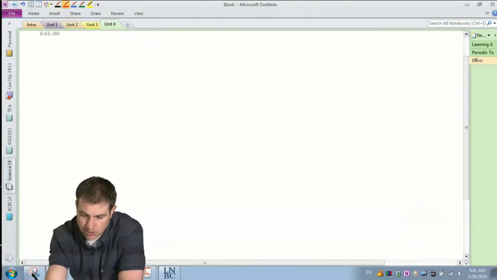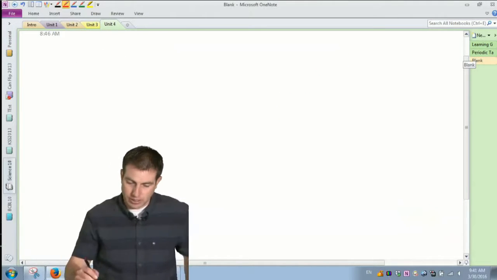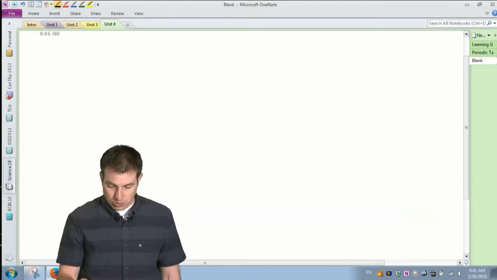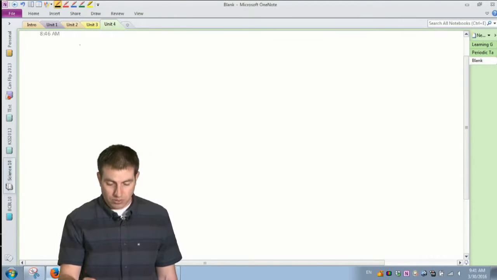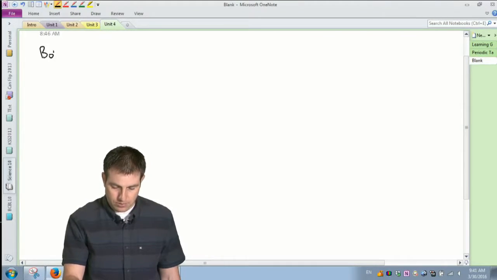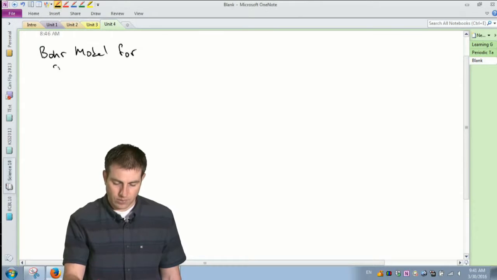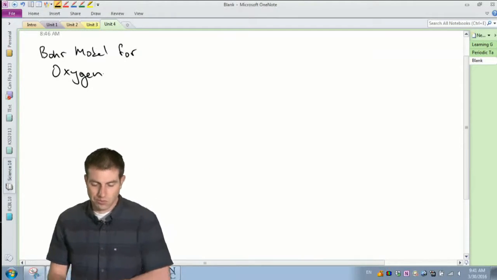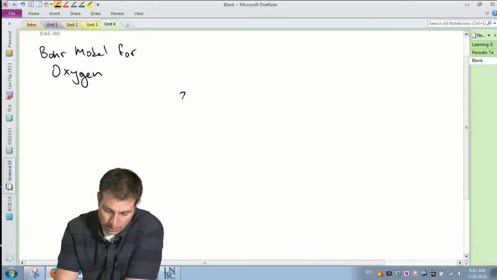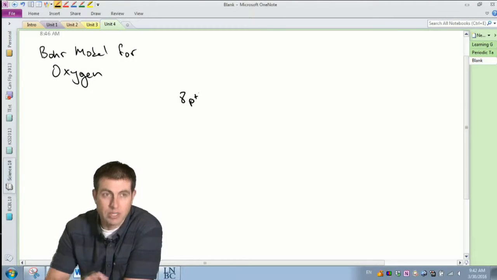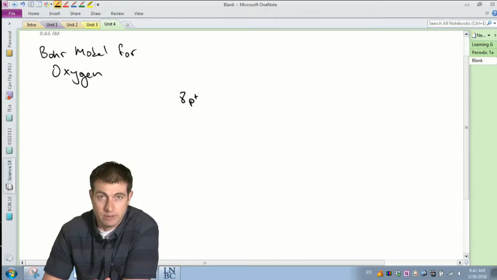So what I'm going to do is jump to a blank page here. We want the Bohr model for oxygen. All right. So we found that the atomic number for oxygen was 8, so we know it has 8 protons.